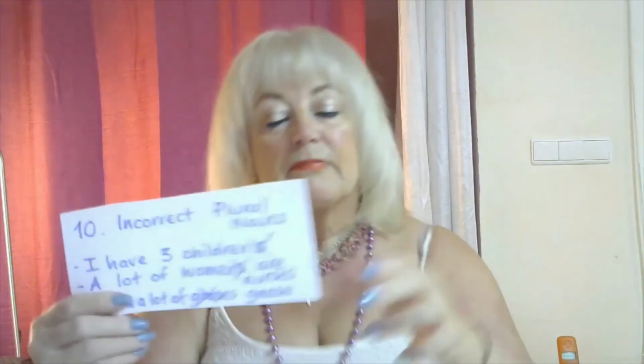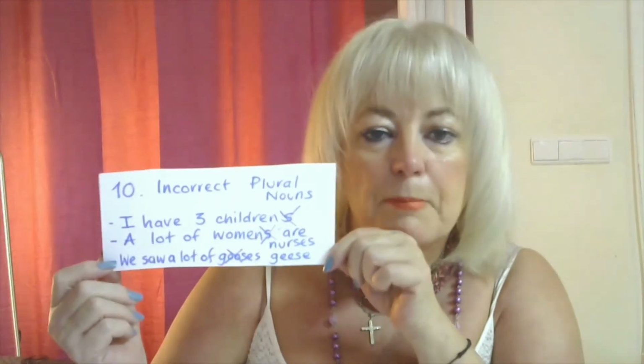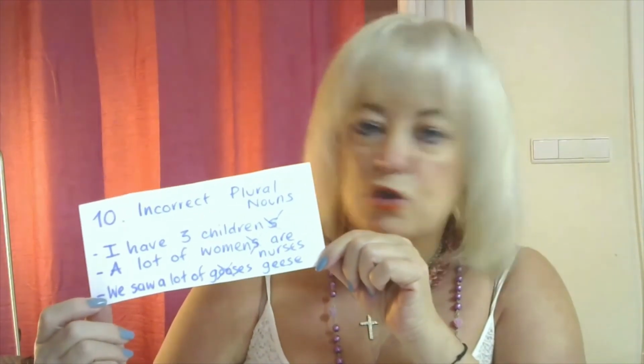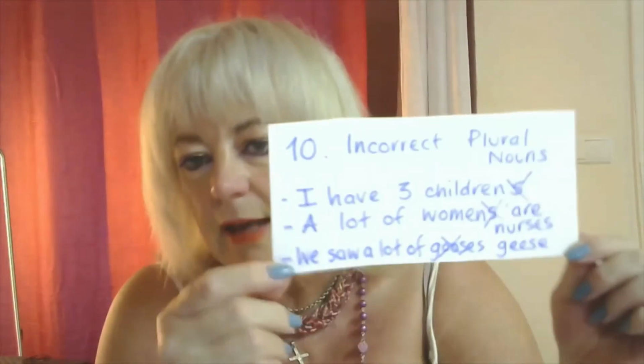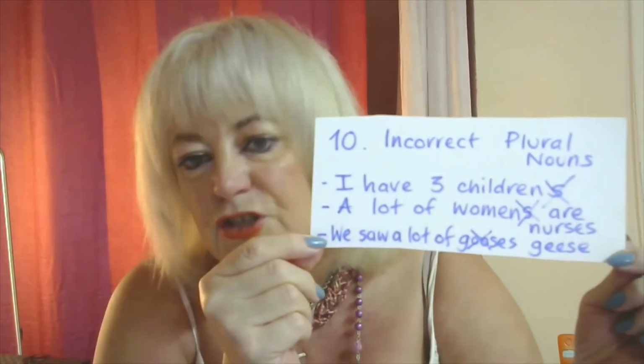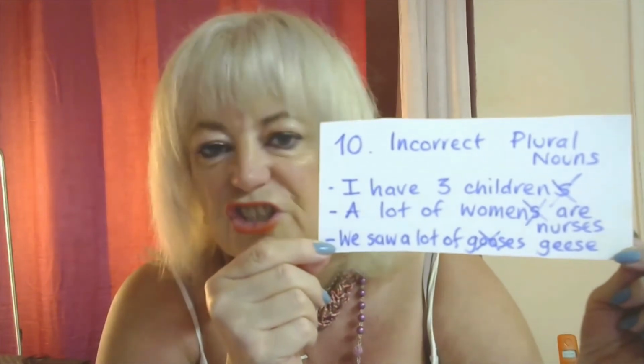Okay, and the last one in this video, you have to remember that some plural nouns we don't just add S. Sometimes people get their plural nouns incorrect. So, I have 3 children, not children's.